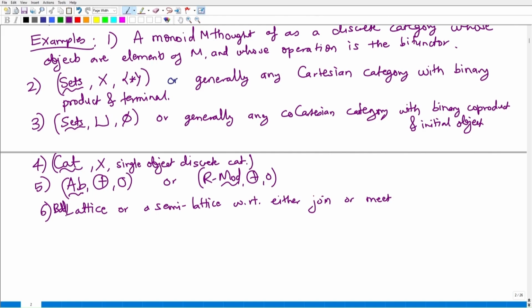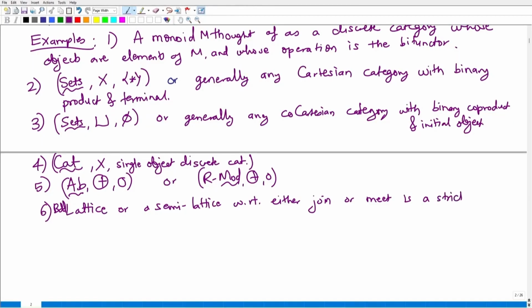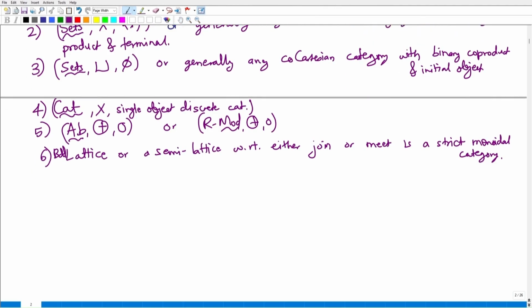A bounded lattice or a semi-lattice, with respect to either join or meet, is what? It is just the Cartesian example. Right? Cartesian example, correct, yes. But I just wanted to say that is a strict monoidal category. This is strict because no isomorphisms are required, everything is happening up to equality. We are just talking about elements.